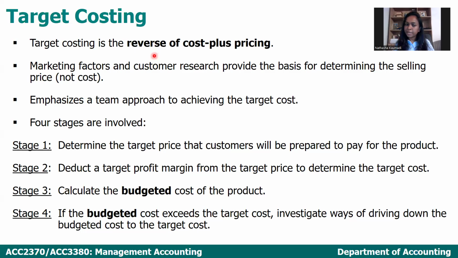In cost plus pricing, what did you determine first? Your cost. You took the cost, you added a markup and decided the selling price. In target costing, you take the price first. You take the market price first. And then you have decided a markup. You deduct your decided markup from the selling price.